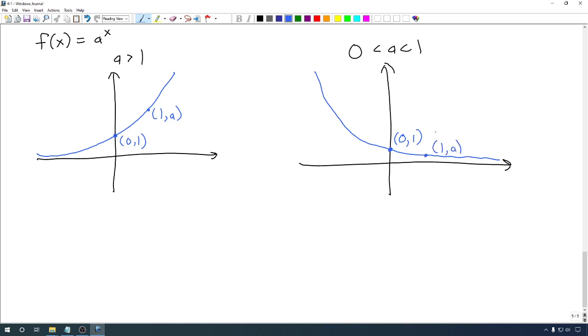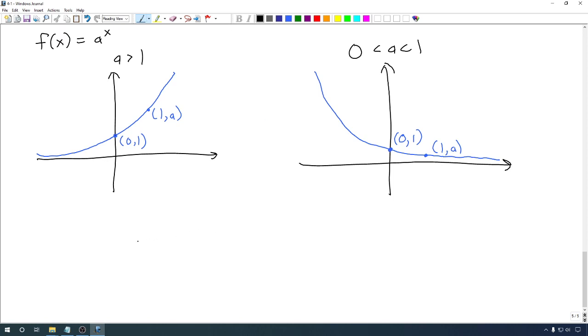Remember, a here is less than 1, so it is a lower point than it was over here. Here, a was bigger than 1, so it's higher than the point at 0, 1. Here it's the other way around. So if you graph both of those 2 points, it should pretty much tell you which case you're in. Because this one has to be going up, and this one has to be going down. And those 2 points tell you that very explicitly.